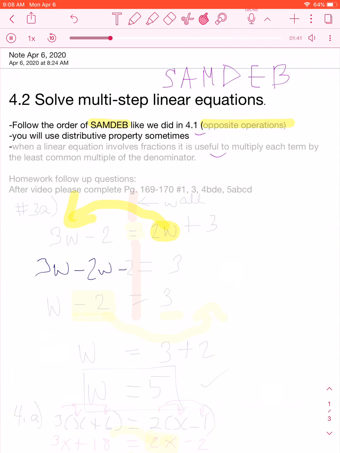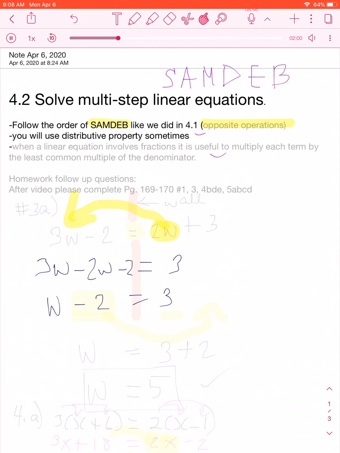For now, I'm going to leave the negative 2 still on the left side, and what's left on the right side would be a positive 3. I'm going to simplify 3w minus 2w, which becomes w. I have minus 2 still on the left side, set equal to 3.